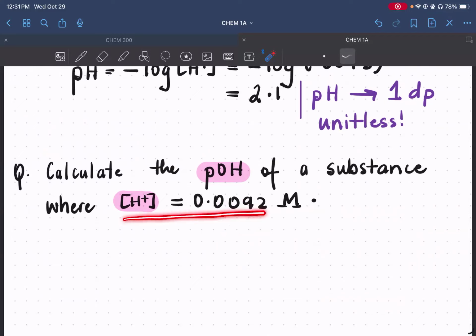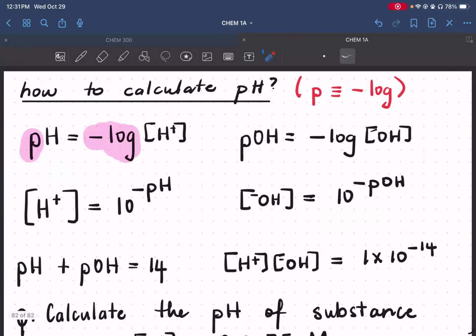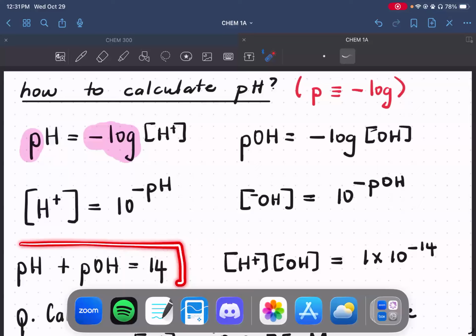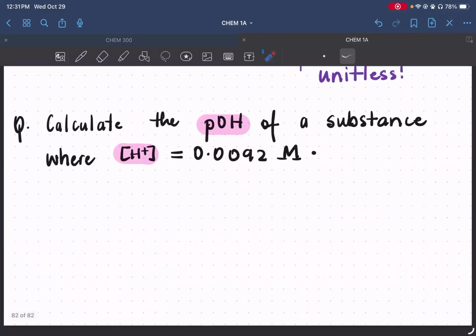Well, I have the H plus concentration. In theory, I can use it to calculate pH. Once I calculate pH, I can then use another equation to calculate pOH. Let's see what that looks like.